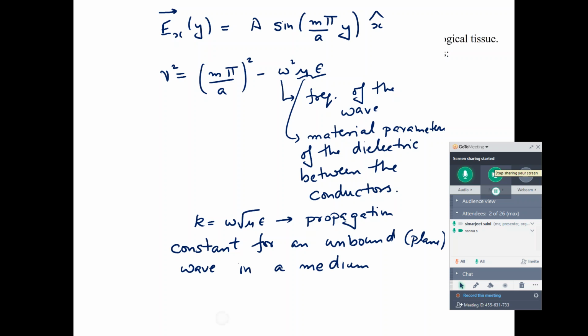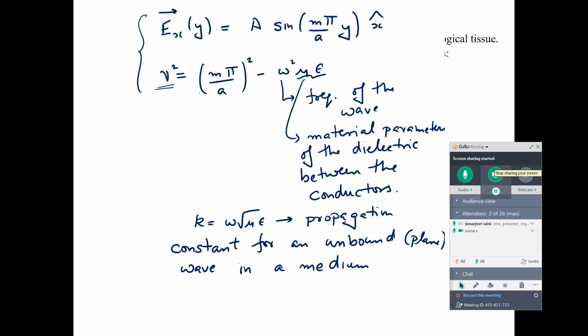So it's saying that I have certain discretized solutions, and each of these discretized solutions is going to have a different gamma. When I have m equal to 1, the gamma is going to be different. The gamma is going to be reduced from the value I have within the material, reduced by pi by a. When I go to my second solution, m equal to 2, the gamma is going to be different.